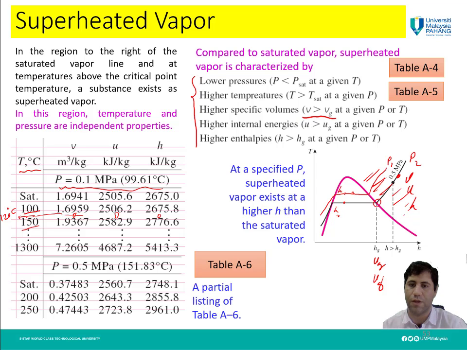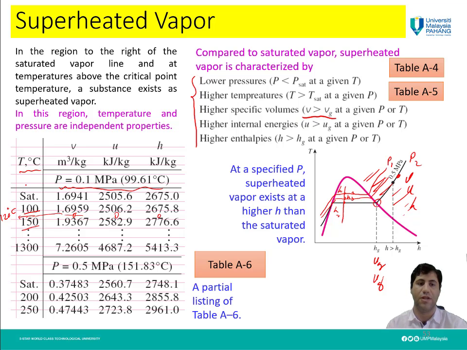This will be H1. If we draw a line like this, you can see here it will be like this. So H1, H2. Then what about P3, which is between these two? It will be like this. So H3, this point for sure will be between H1 and H2 for a pressure P3, which is between P1 and P2.